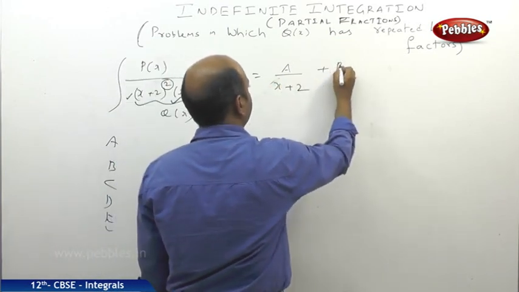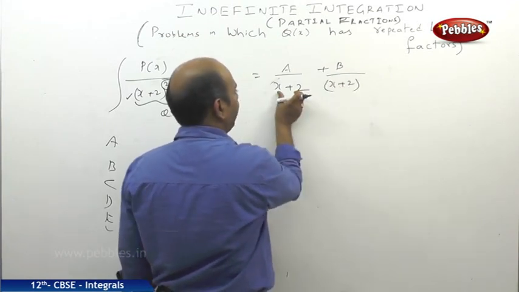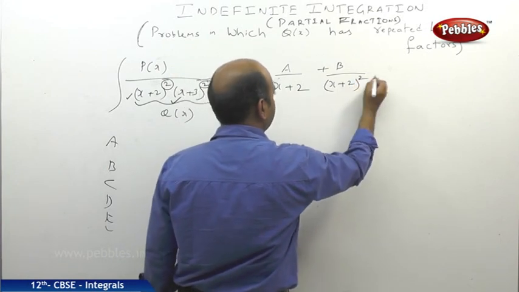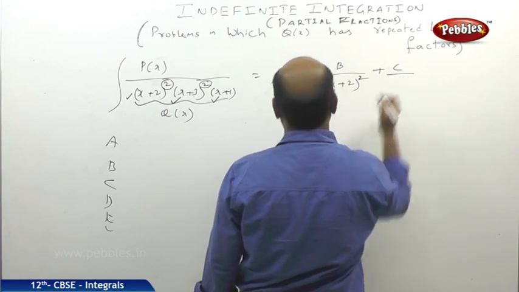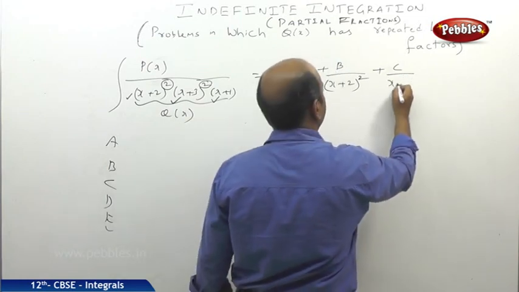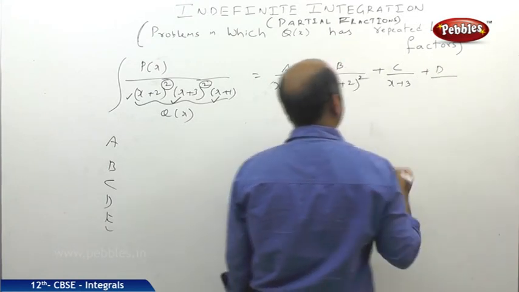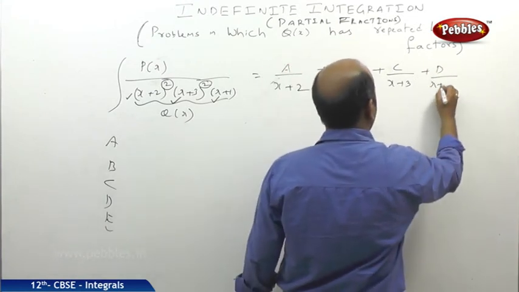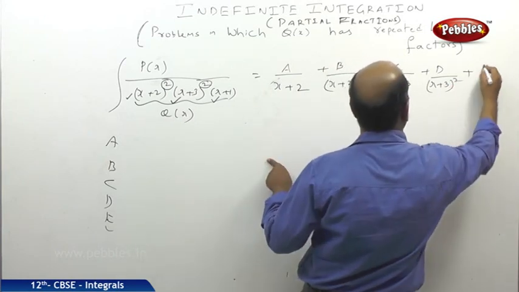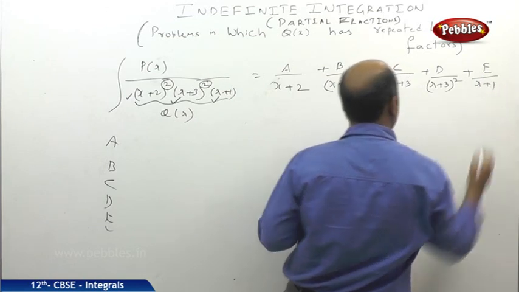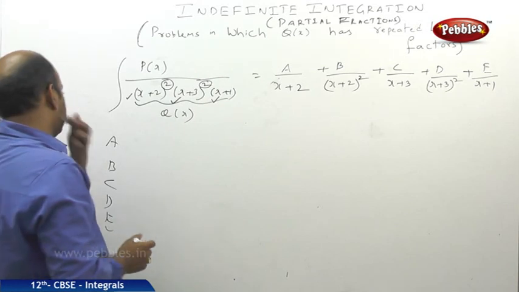Take another constant capital B, and that particular factor x plus 2 is now repeated, so I will write it as B upon (x plus 2) whole square. Take another constant C and go for the other factor, that factor is x plus 3. Now take another constant D, and again you need to write this as D upon (x plus 3) whole square, plus the last one E upon x plus 1. So I think by this time you are clear.